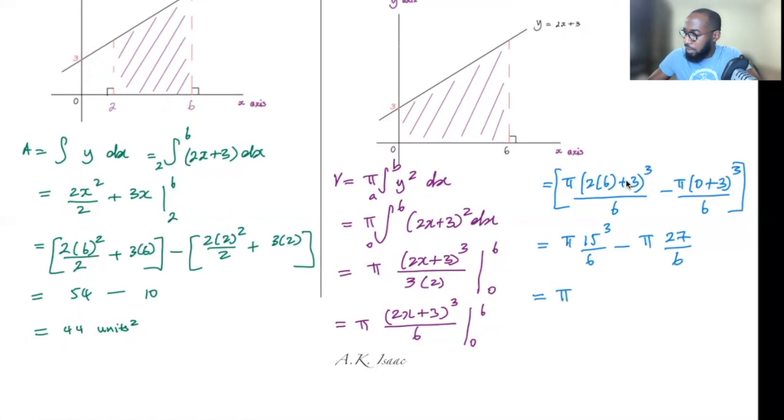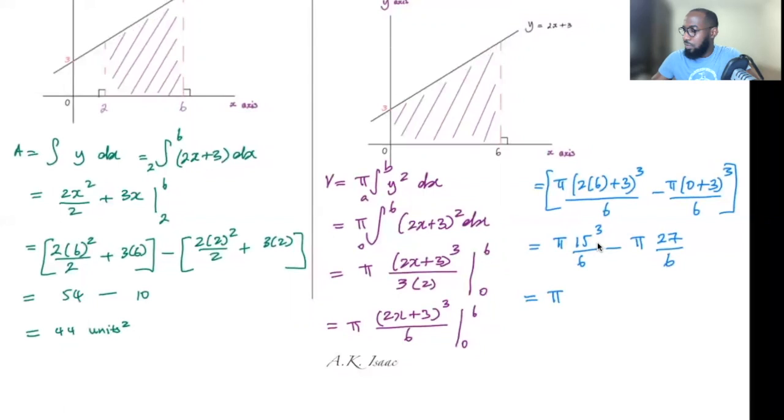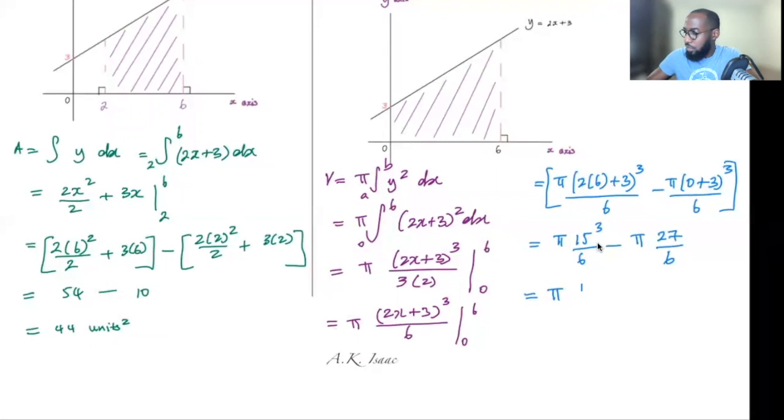So it's pi, since pi is the constant, I just wrote pi here. 15 cubed divided by 6, so 15 to the power of 3 is 3375. And that divided by 6 is 1125 over 2. So we have 1125 over 2 minus pi times 27 over 6.